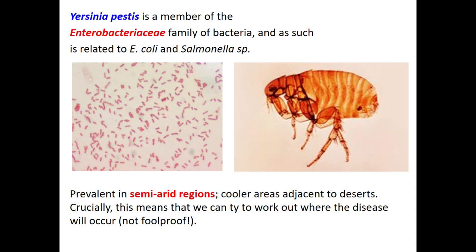The bacterium is actually a member of the Enterobacteriaceae family, which is a family, as the name suggests, of enteric or gut bacteria, mainly associated with the gut. It is relatively closely related to some species that you have probably heard of, like Salmonella and E. coli.